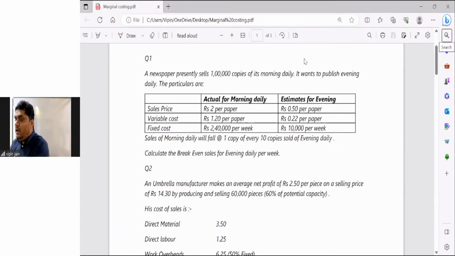Question number 1: a newspaper sells 1 lakh copies of its morning daily. It wants to publish an evening daily. The particulars are given wherein the selling price, variable cost and fixed cost are given. Further, the sales of morning daily will fall at the rate of 1 copy for every 10 copies sold of evening daily. Calculate the break-even sales for evening daily per week.